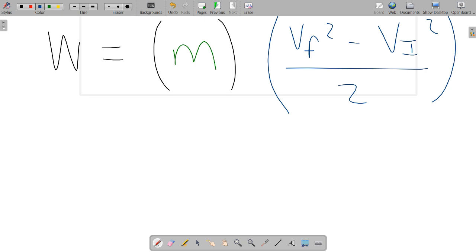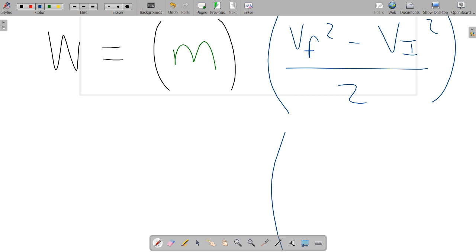Okay, so now the next step, what I want to do here, I want to take this 2 here and I want to separate it out. And here's how I'm going to do that.